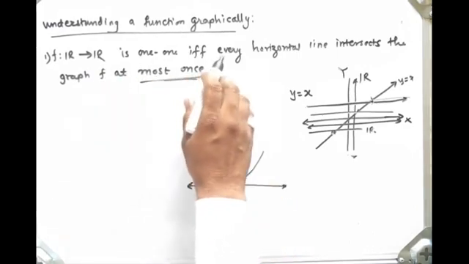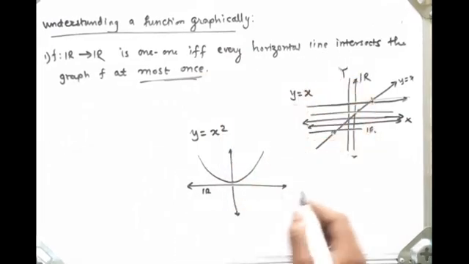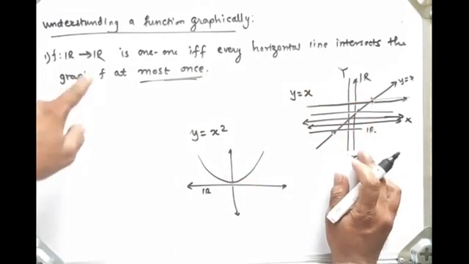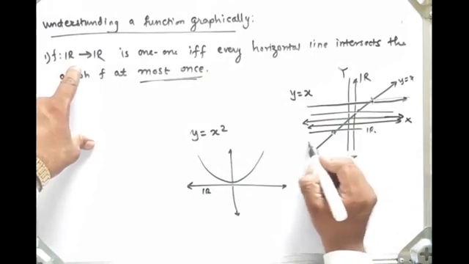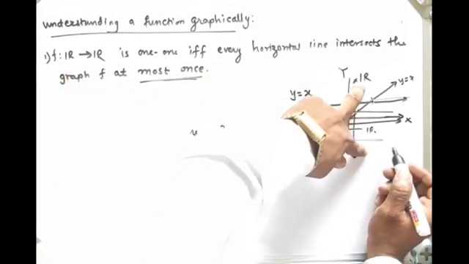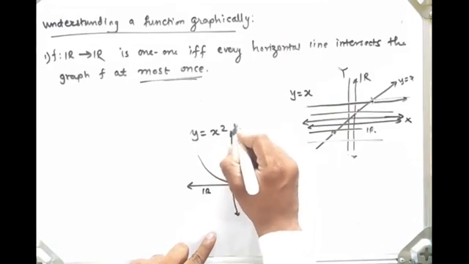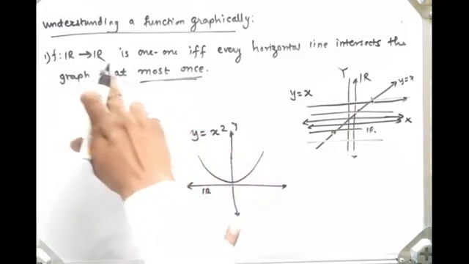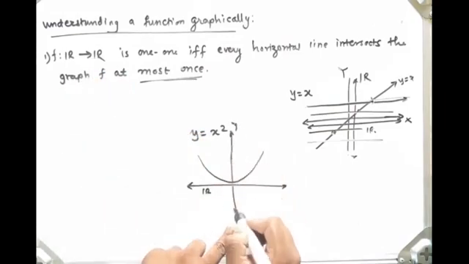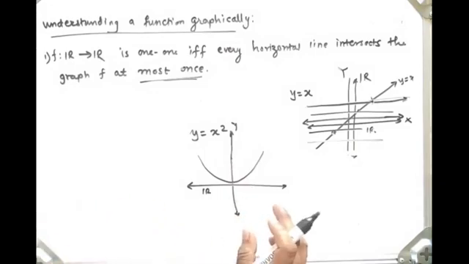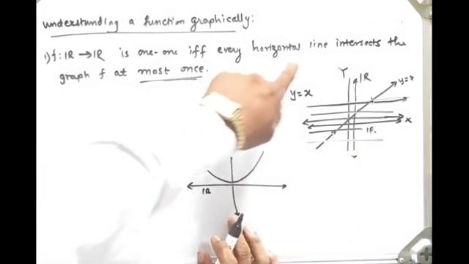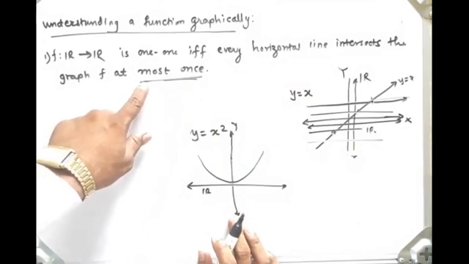And here, every horizontal line means what? I have to draw every horizontal line from the codomain. Here is R, from every R, here is the y axis, and the codomain is real numbers R. In every codomain I have to draw every horizontal line, and the horizontal line cuts the graph at most once.